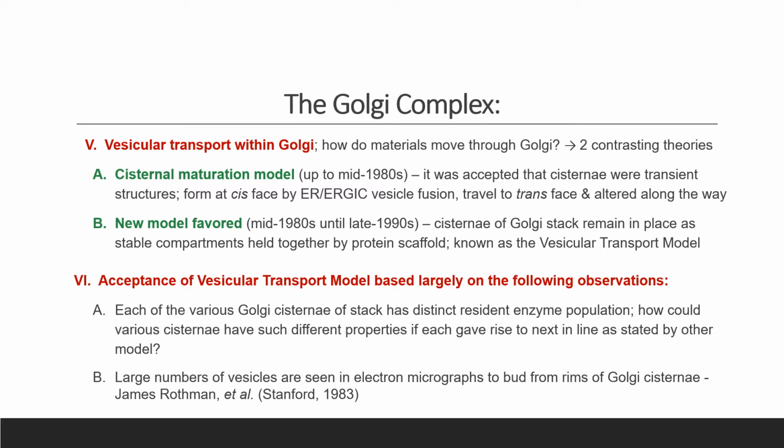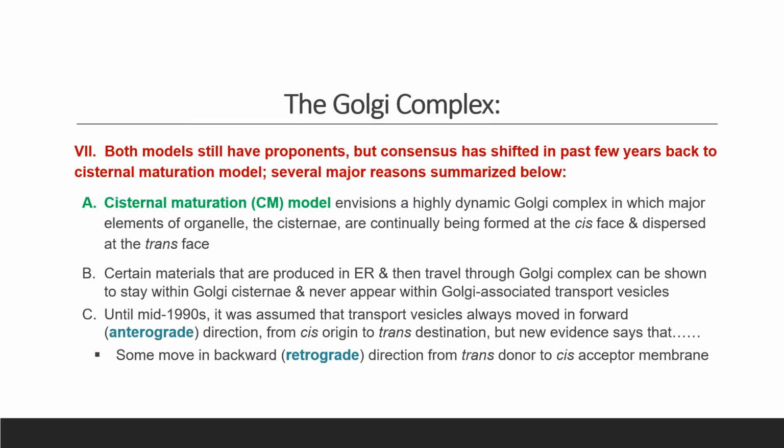This was answered by James Rothman et al. from Stanford in 1983, wherein large numbers of vesicles are seen in an electron micrograph to bud from the rims of the Golgi cisternae. Both models still have proponents, but consensus has shifted in the past few years back to the cisternal maturation model, for several major reasons summarized below.